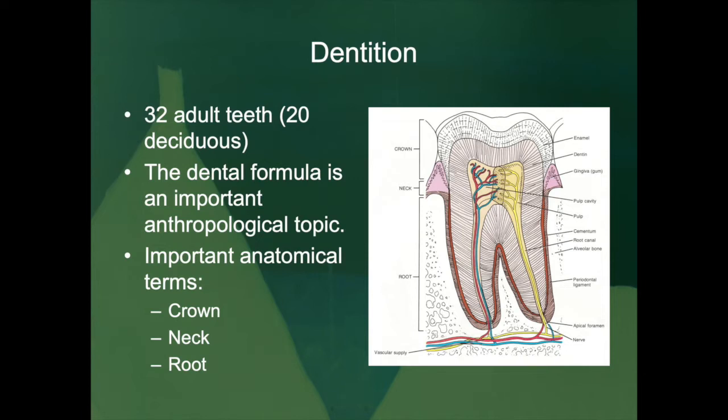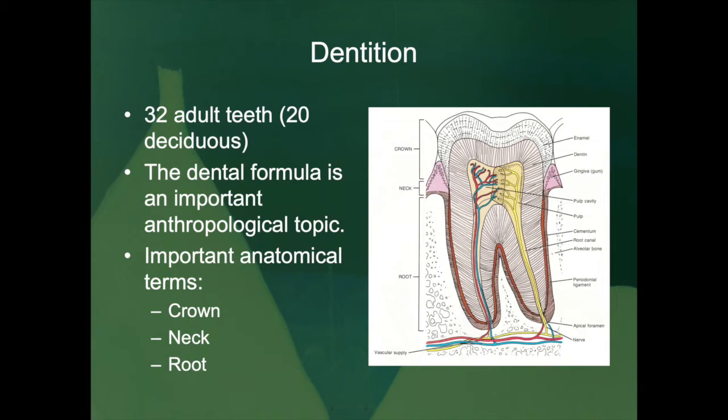Below that we have the neck, a slightly constricted portion, again just below the crown, and it's an area that we recognize to be a junction or a bridge between what lies below and of course the enamel of the crown. Then we have the root, kind of a third major portion of each and every tooth.